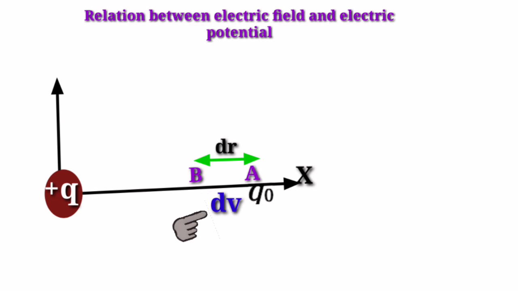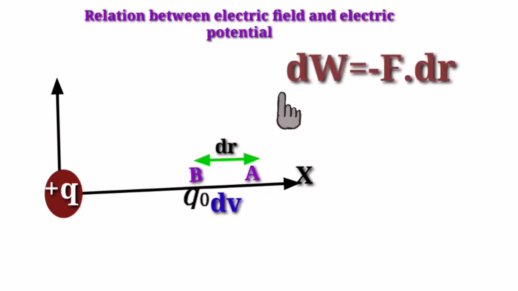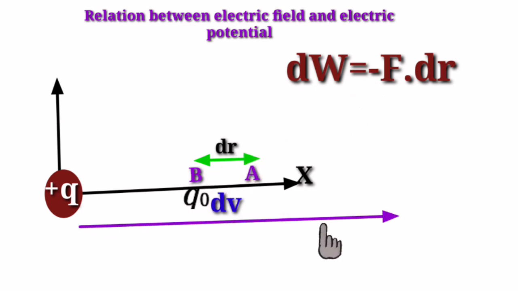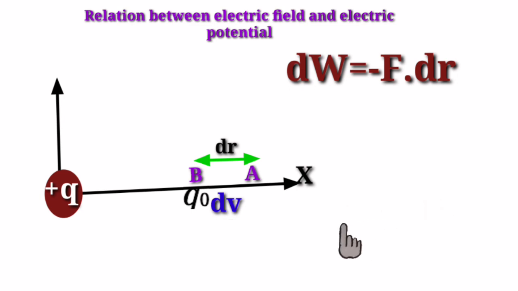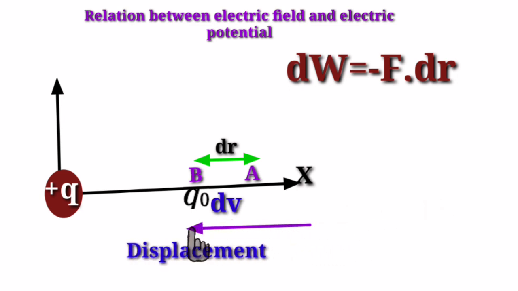Now the work done to move a test charge Q0 from the point A to point B is minus F into dr. Here the negative sign is used in this equation because the direction of electric field or force is opposite to the direction of displacement.